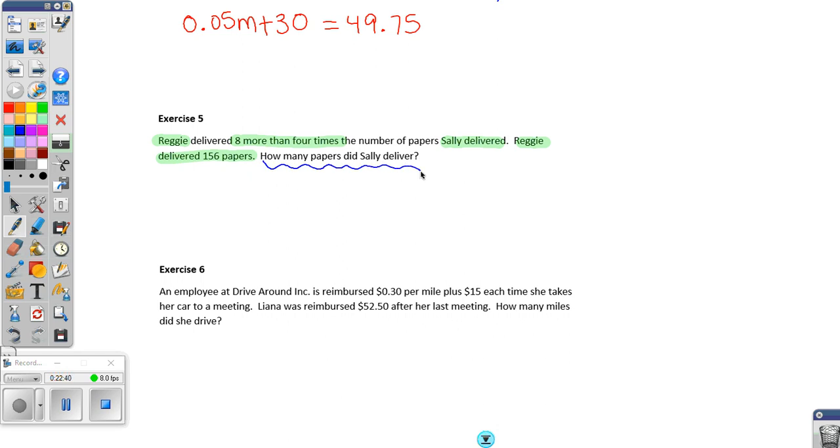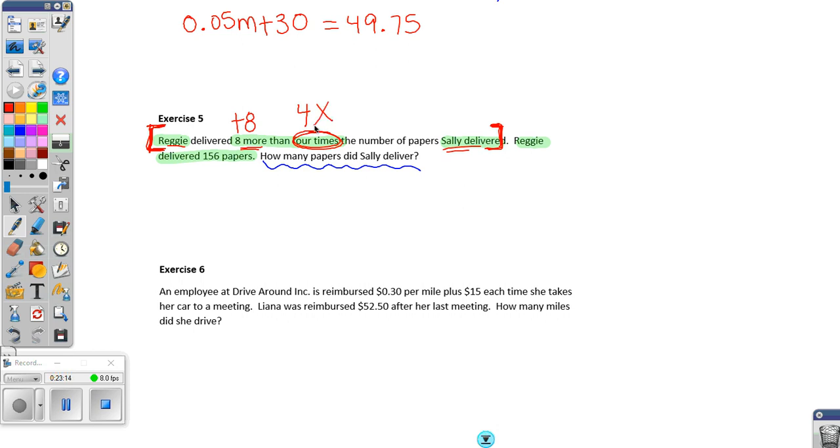This is, again, really strange wording, so I'm going to break this up into 2 different sentences, just like I did before. In the first sentence, we're talking about Reggie. They said Reggie delivered 8 more, so that means he added 8. 8 more than 4 times the number of papers that Sally had. If we knew how much Sally had, we'll call that x.